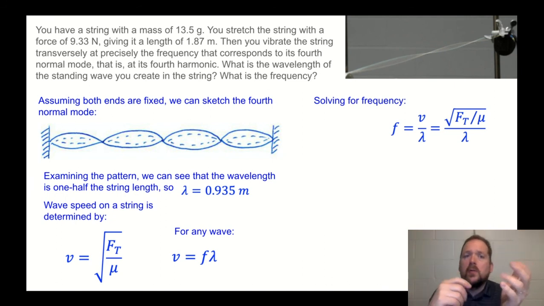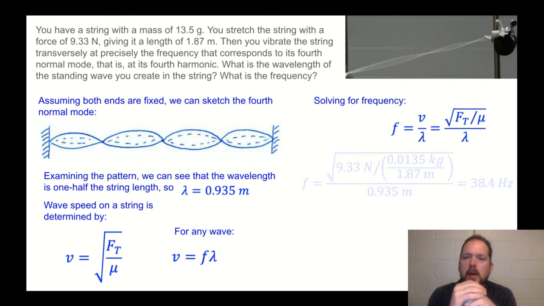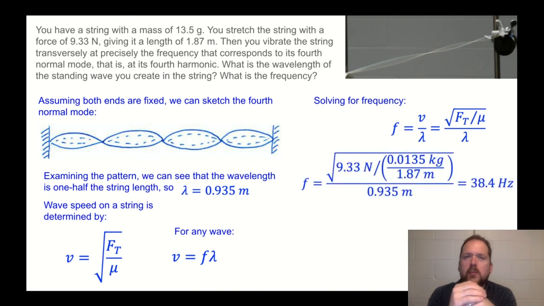And now we know all these pieces because the problem statement gives us the tension. It gives us the mass of the string and the length of the string. So the mass per length is that mass density. And we know the wavelength from what we calculated in part A. So if you plug in those values, 9.33 newtons and 0.0135 kilograms, you need it to be in kilograms per meter if the units are going to work out appropriately here.